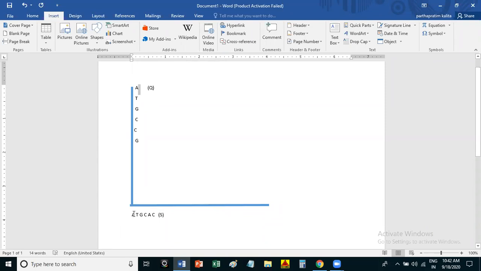So adenine and adenine are matching. It is not about pairing, this is matching. That will give one score, or mark.